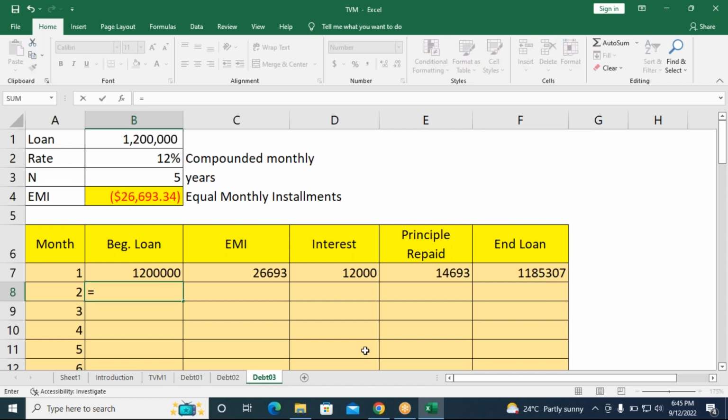Is it 12 lakh? No, ma'am. It's the end loan of the first month.